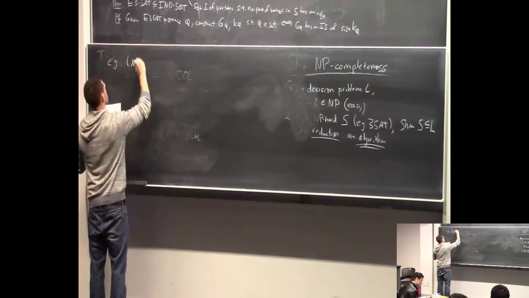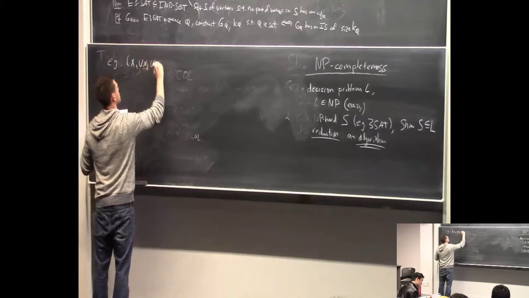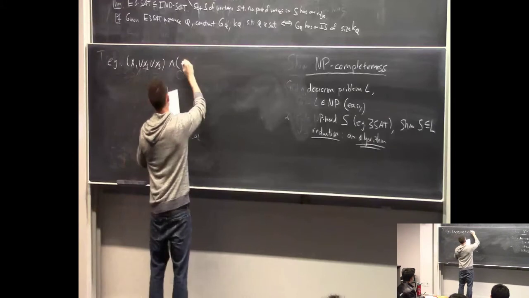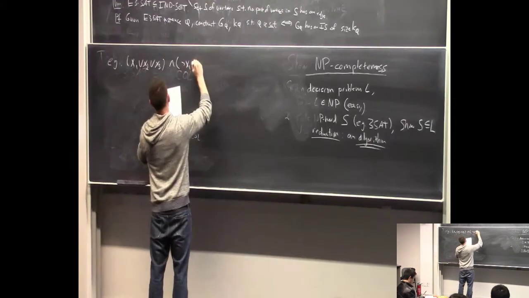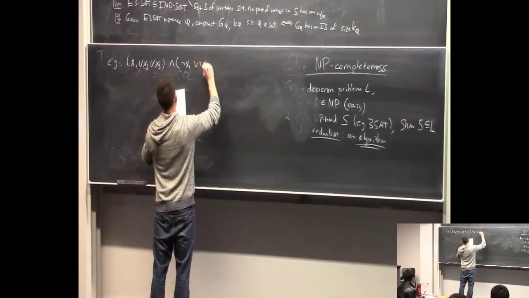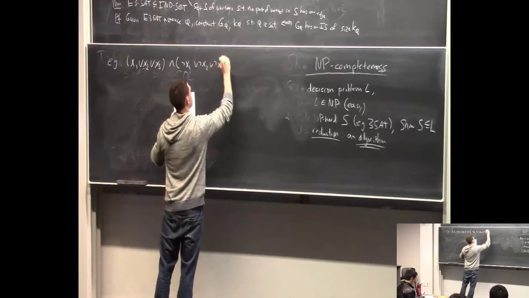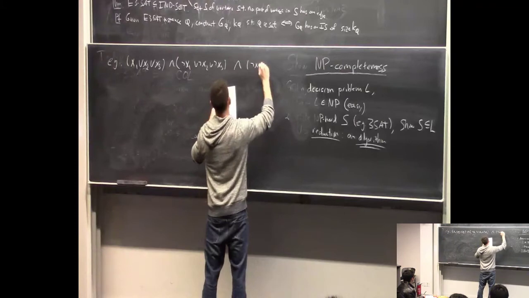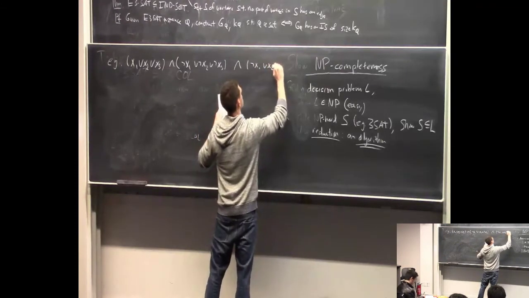And so you have x1 or x2 or x3. This is some SAT instance. And not x1 or not x2 or not x3, and not x1 or x2 or x3.